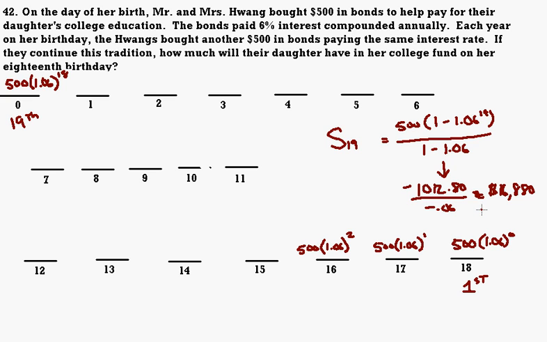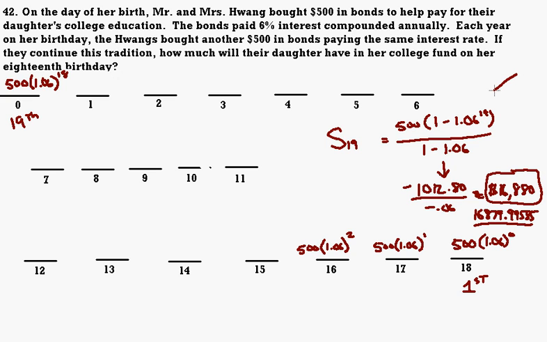So it's approximately $16,880. The actual amount was $16,879.99585. So you can see where rounding this would be appropriate.